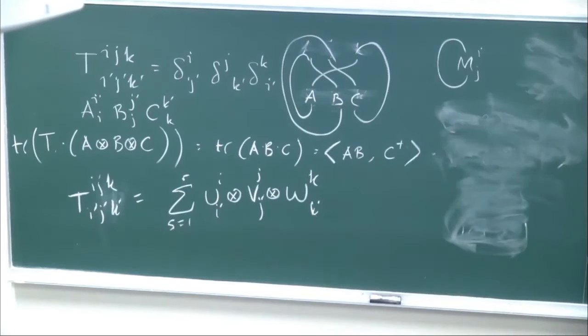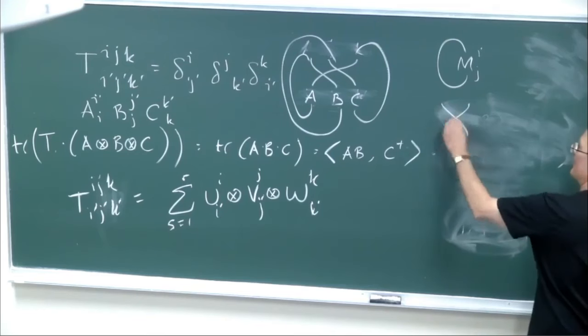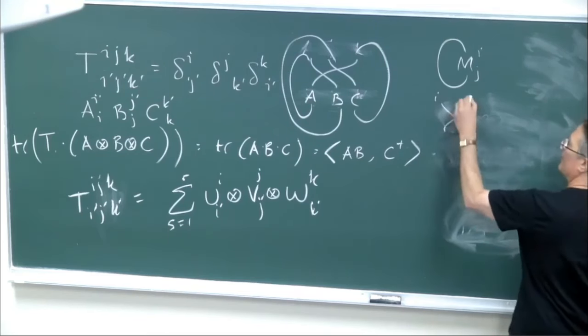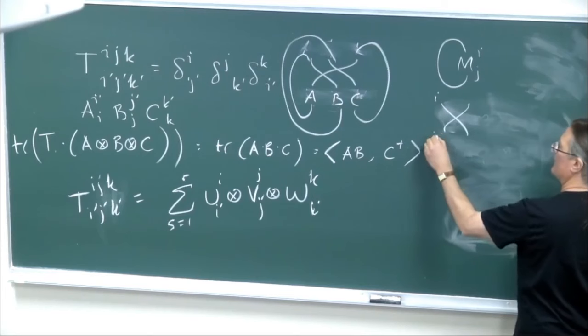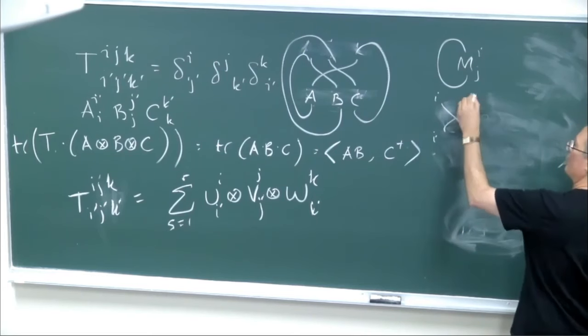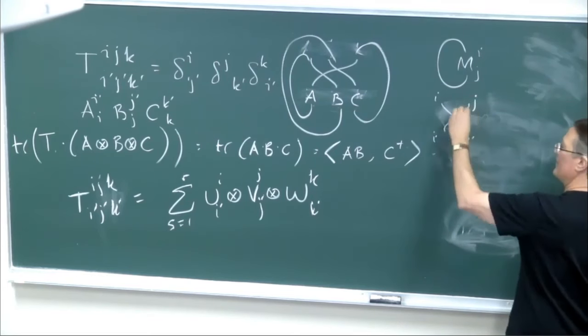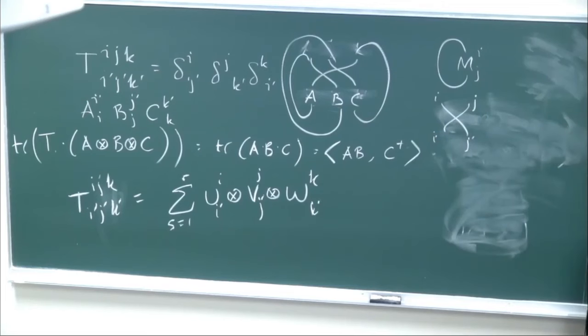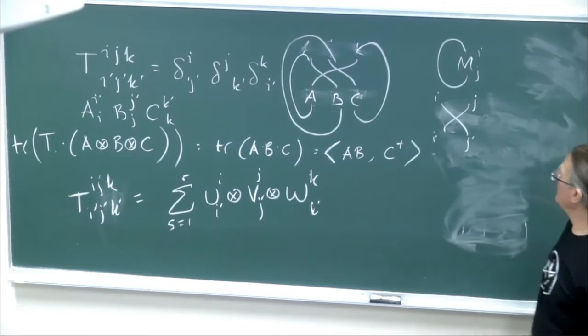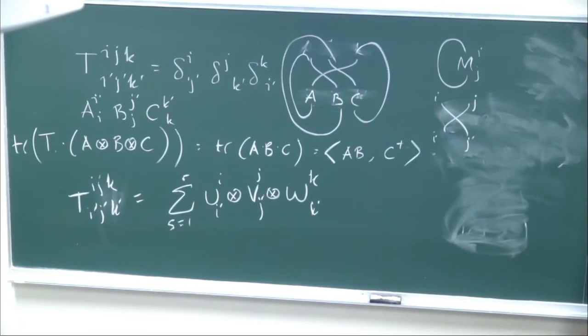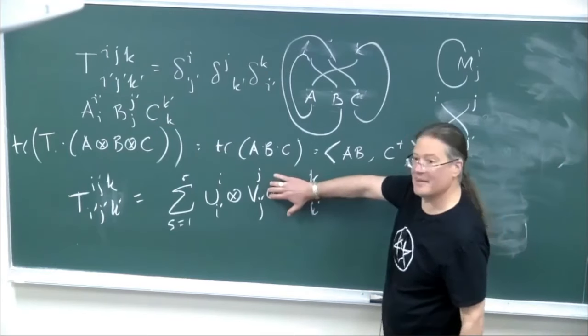And for example, if I take this little diagram, which forces i to be equal to j prime and j equal to i prime, and so I was asking how many terms do I need to make that diagram?